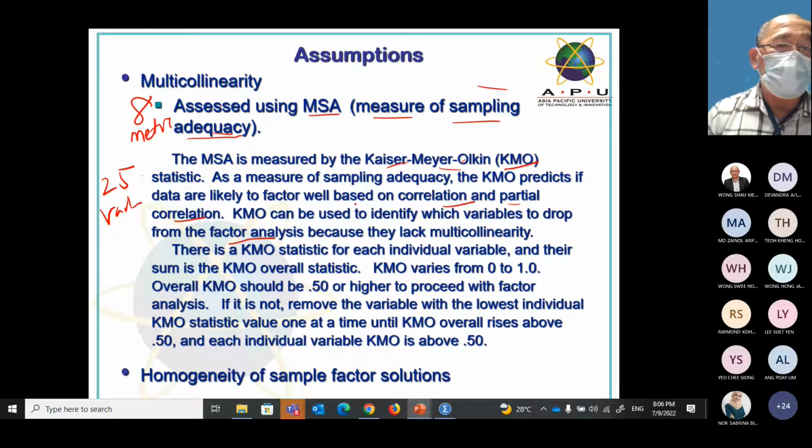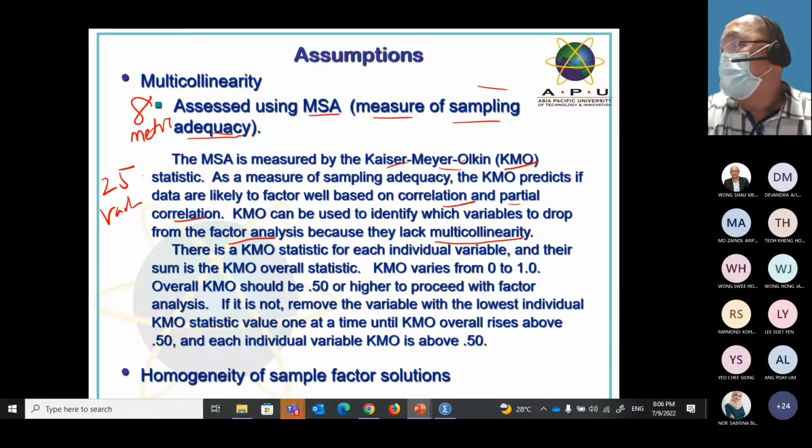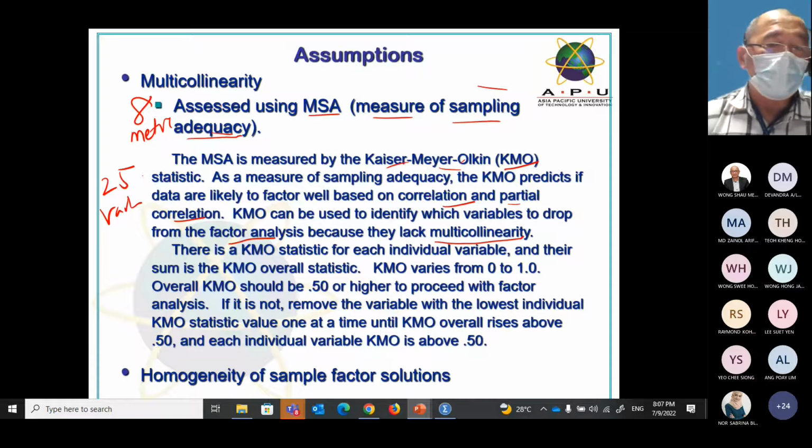After KMO, maybe one or two should be dropped. You will see the criteria in a short while. Because of the lack of multi-collinearity, this is one of the advantages. A little bit of multi-collinearity is still okay.